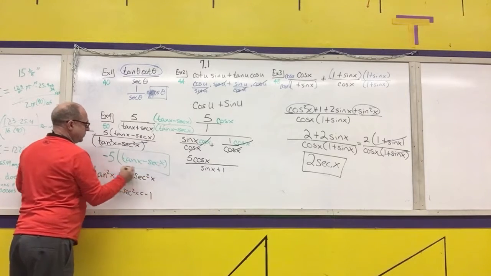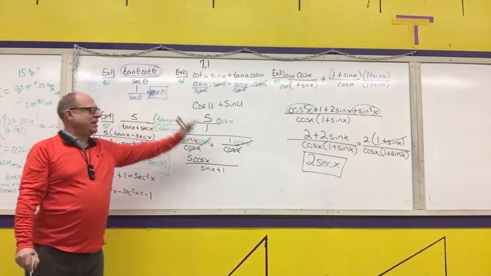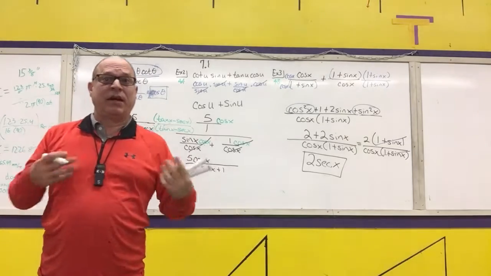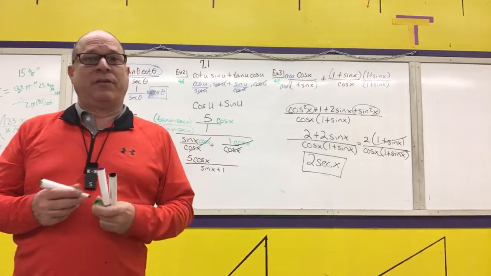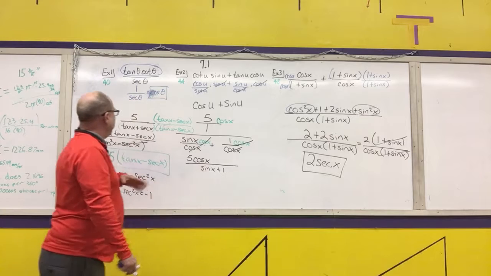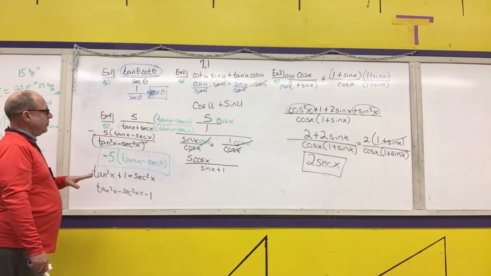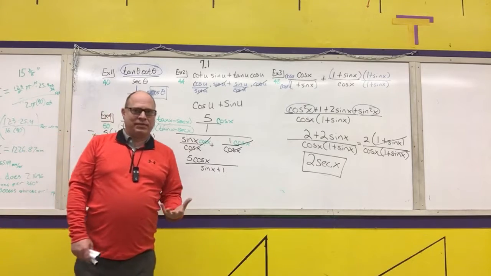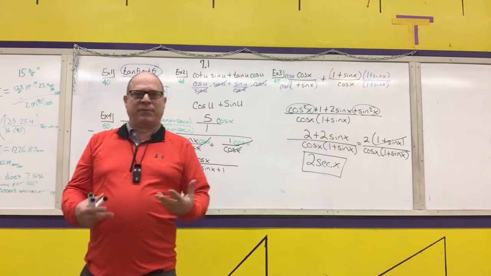Please note that the first way I did it is my first response on always going to solve these problems. Hey, I see a complex fraction. How can I get rid of a complex fraction? Once I realized that that did not work, I'm looking for other things that I can do. Hey, if you've got a number plus a number, always think about multiplying by its conjugate. What am I going to get when I multiply by its conjugate?